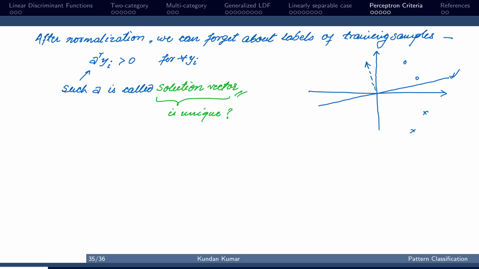No, we can have another decision boundary which passes in this way, and then we will have a solution vector something like this.